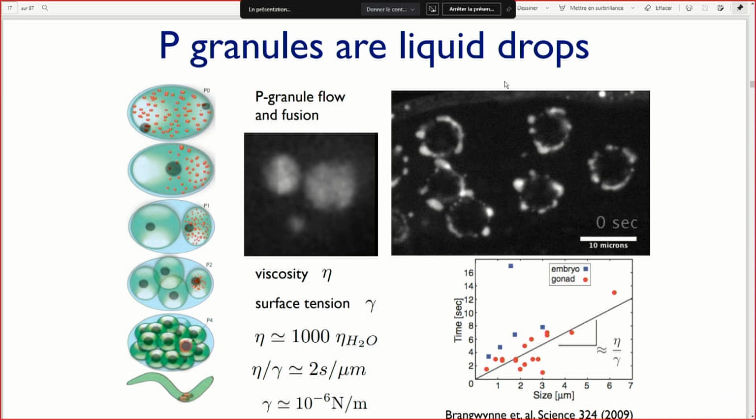And these droplets behave like liquid droplets. They can fuse in the system, and one can estimate quantities such as viscosity and surface tension just by looking at the dynamics of fusion and by looking at diffusion of particles in the cell. Here, typical values of the surface tension can be estimated, and the ratio of viscosity and surface tension can be estimated from the dynamics of fusion.